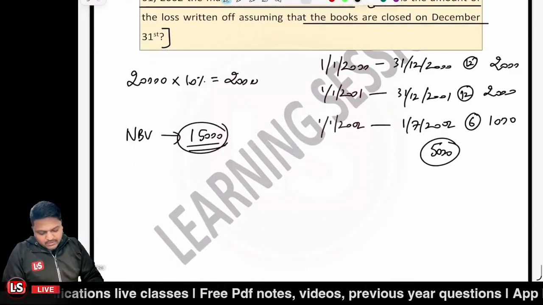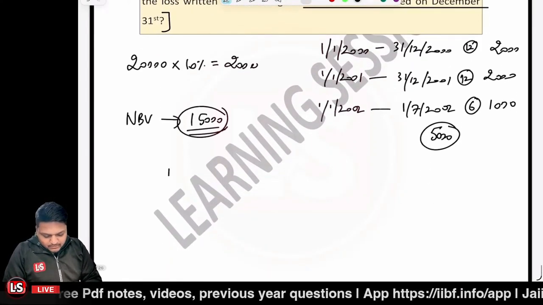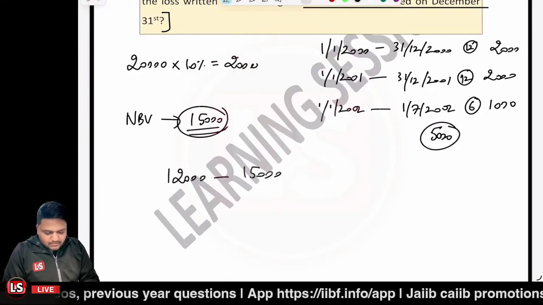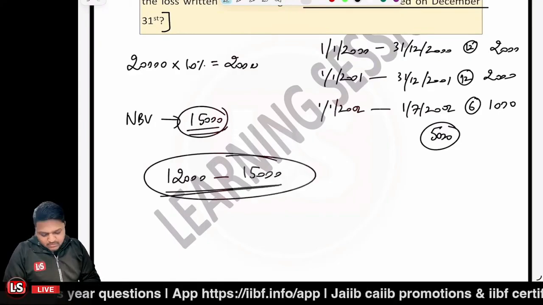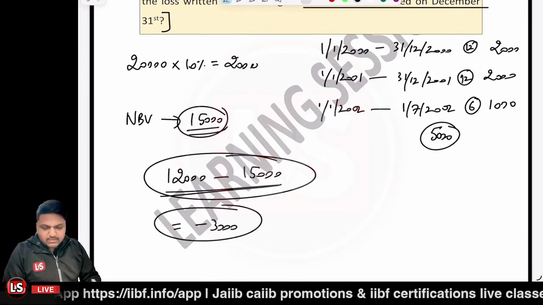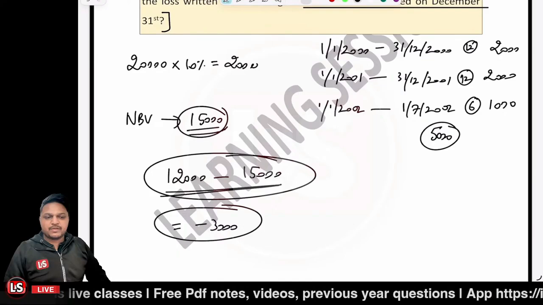So the selling price is 12,000 and the cost price is 15,000. That is the cost in our books right now. So it is minus 3,000. Minus 3,000 means there will be a loss of 3,000 rupees, right?